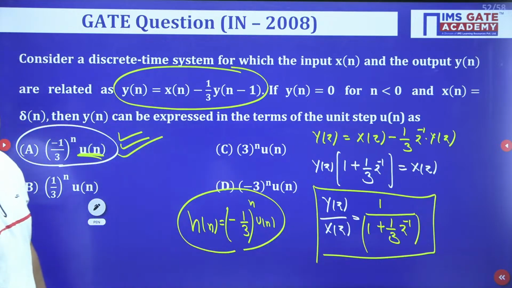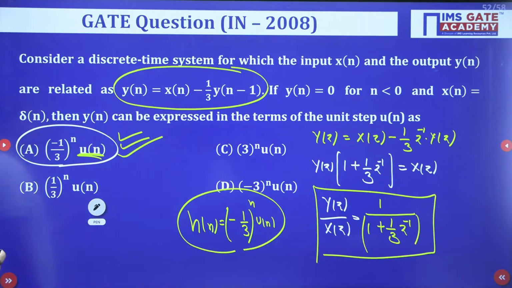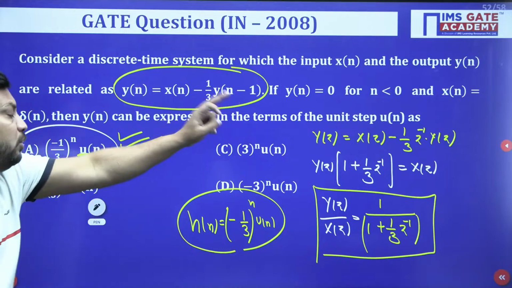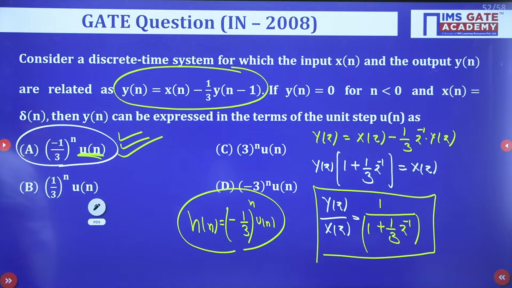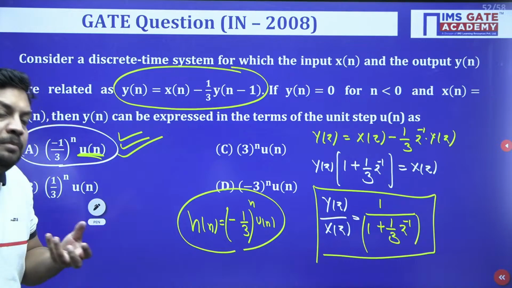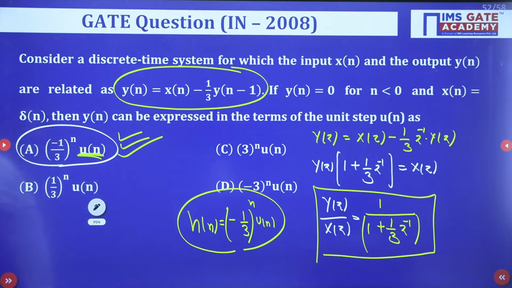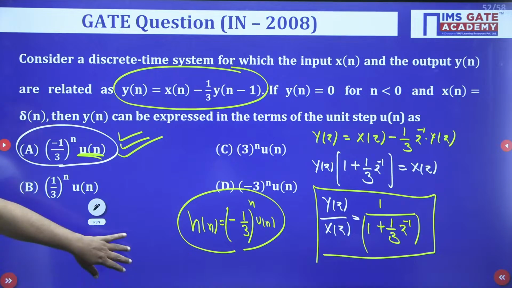Input is still delta[n], but the output should be written in terms of u[n]. That is a different thing. Answer is A only. I hope now you are getting it. Okay, sir, no problem.